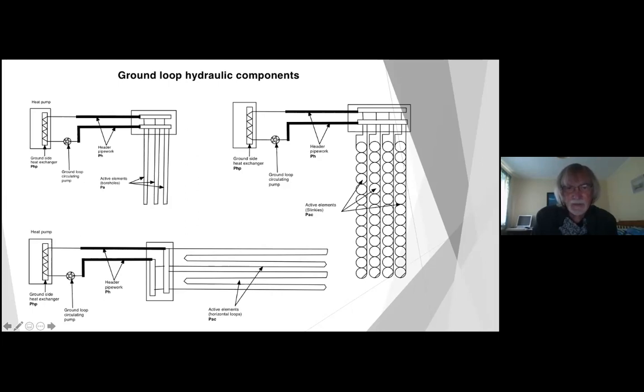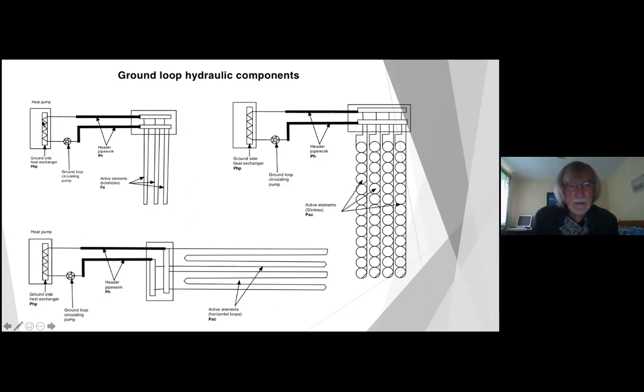So they're the ones that we need to focus on attempting to maximize the heat transfer out of the ground for minimal pressure drop. And the thick black lines are the header pipe work. We're not interested in maximizing any heat transfer in those, and we can go as slowly as we like in terms of flow rate through there.